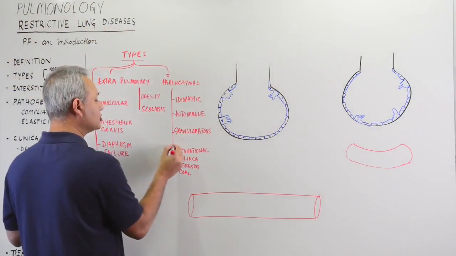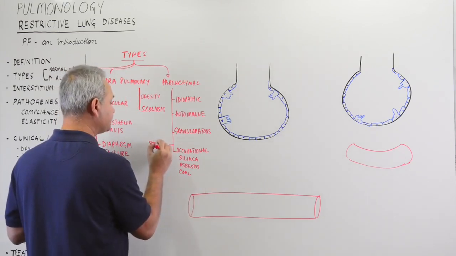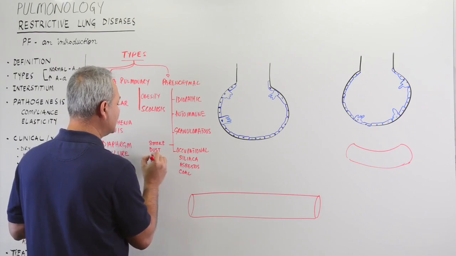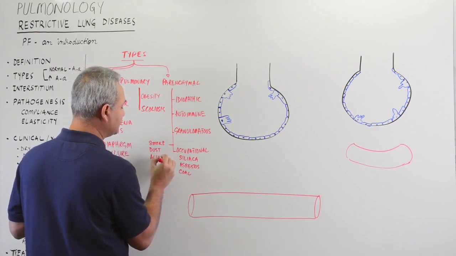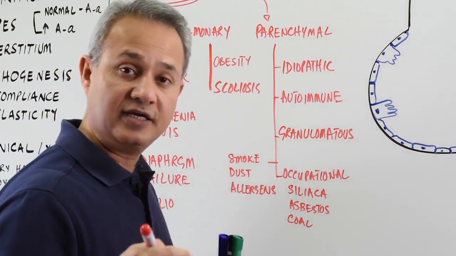And of course that would also mean other irritants, for example smoke, dust, or other such allergens that are chronically irritating the lungs.